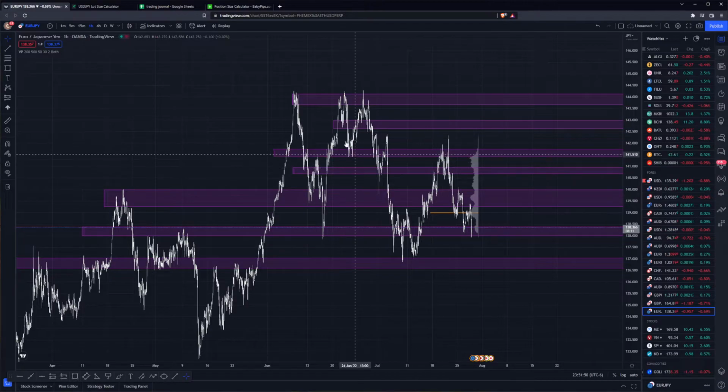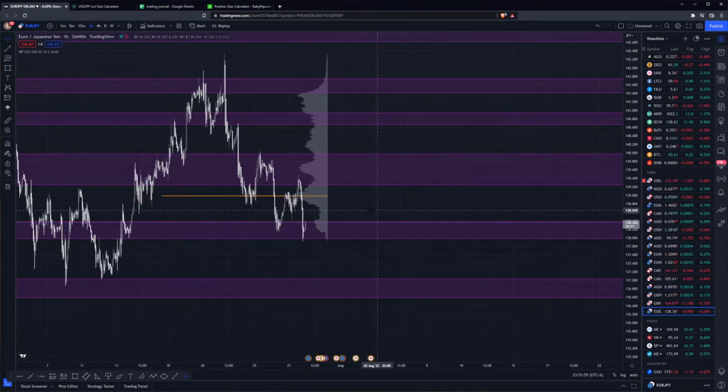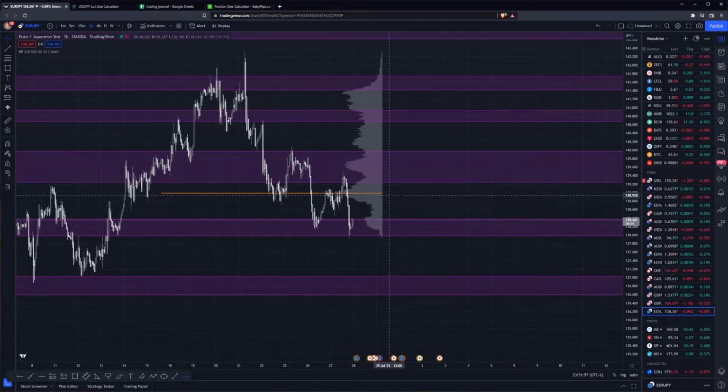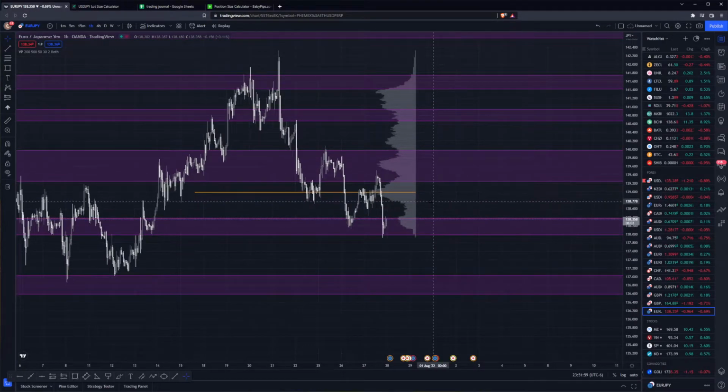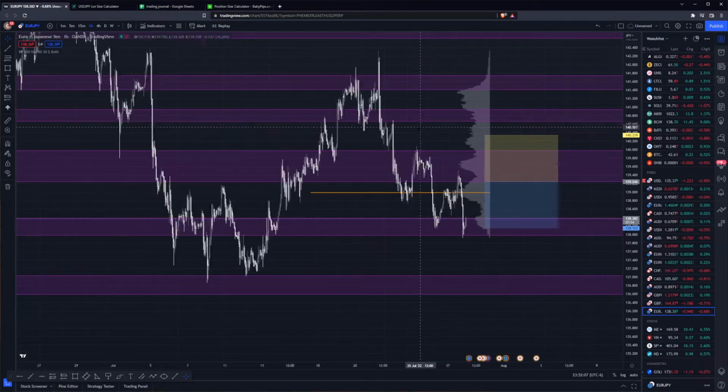So these zones mostly seem to be holding up for now. I do have a lot of them, but they are being respected. We're getting a bounce here. You could consider a short at this zone.